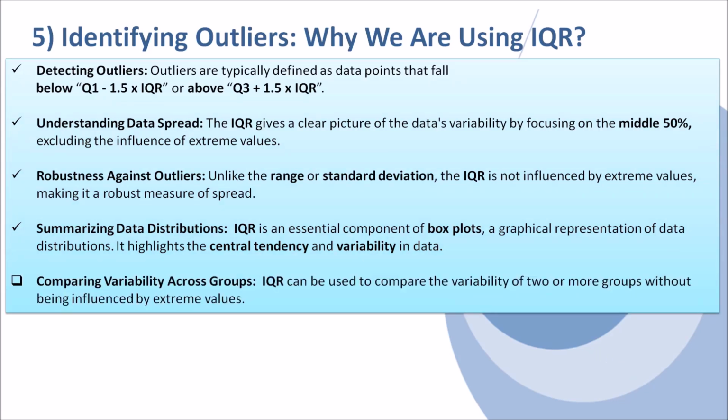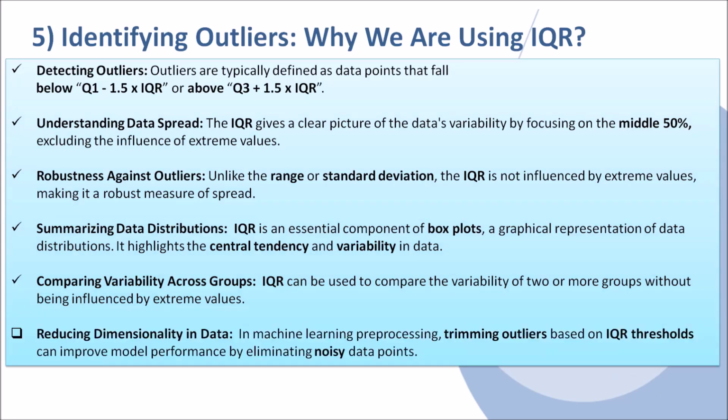The IQR can be used to compare the variability of two or more groups without being influenced by the extreme values. In machine learning preprocessing, trimming outliers based on the IQR threshold can improve the model performance by eliminating noisy data points. This is very important.